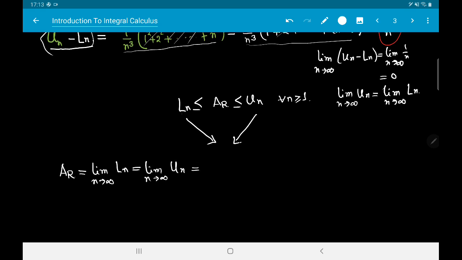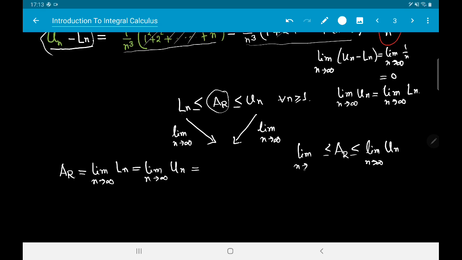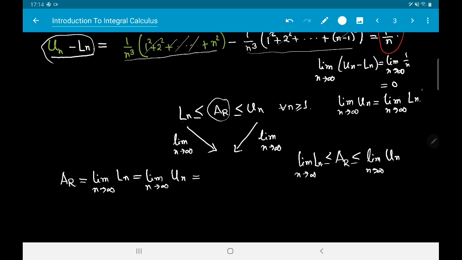So if we want to take the limit as n tends to infinity, from your calculus 1, you will see that since AR is a constant, this is also true: the limit of un as n tends to infinity is bigger than or equal to AR, which is bigger than or equal to the limit as n tends to infinity of ln. But we have seen that the limit of un as n tends to infinity is the same as the limit of ln.